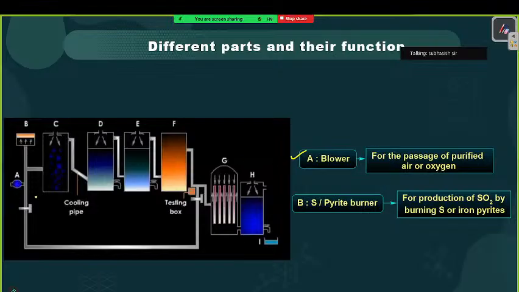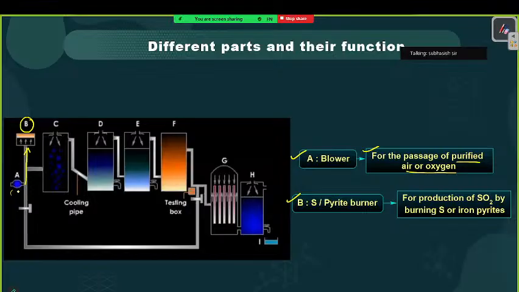What is the function of the blower? This blower is used for the passage of purified air or oxygen. Air is purified, and through this blower, air is blown into the container mentioned as B. B is a container which contains sulfur or pyrite, so B is known as the sulfur or pyrite burner.